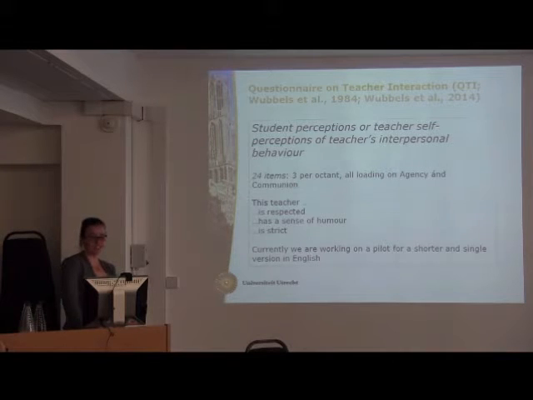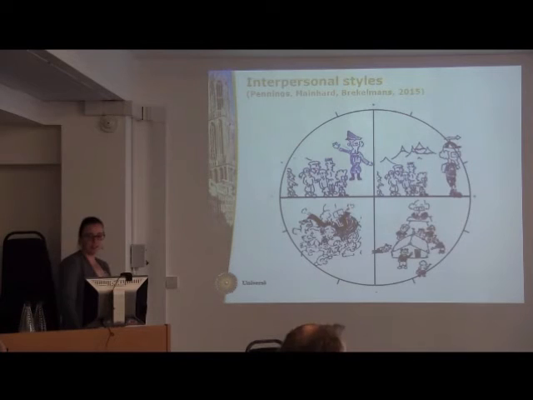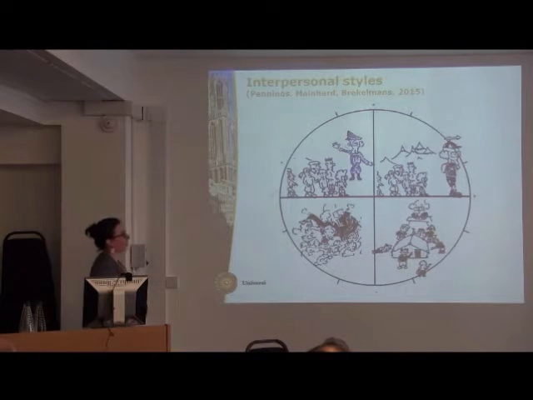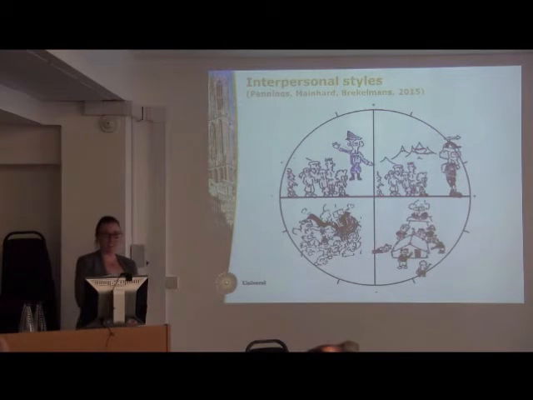So, very shortly, the interpersonal styles. I told you about the 8 octants. All these octants can also be seen as a type of interpersonal style. I've just shown 4 here. Teachers in the upper right corner are more like the Boy Scouts leaders.